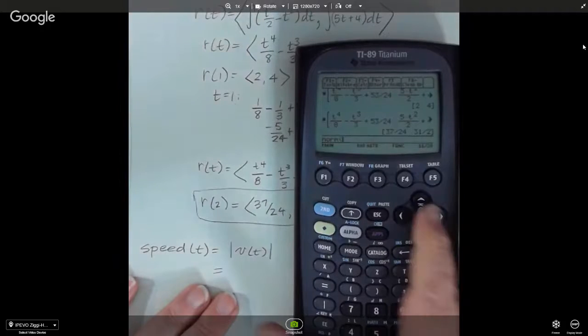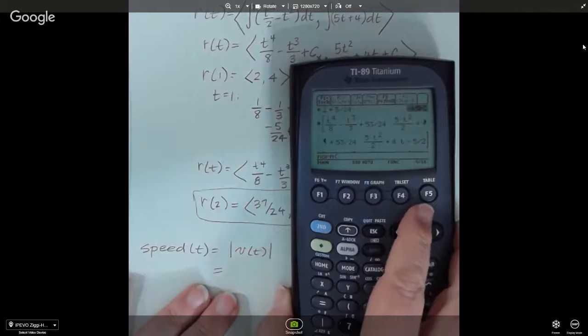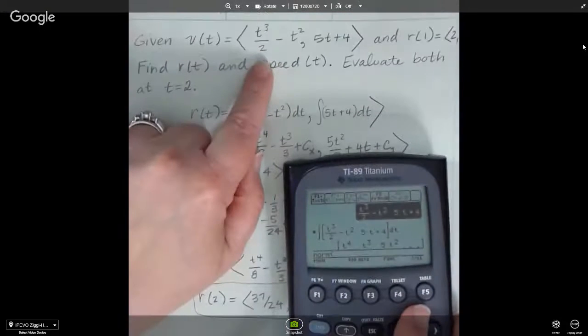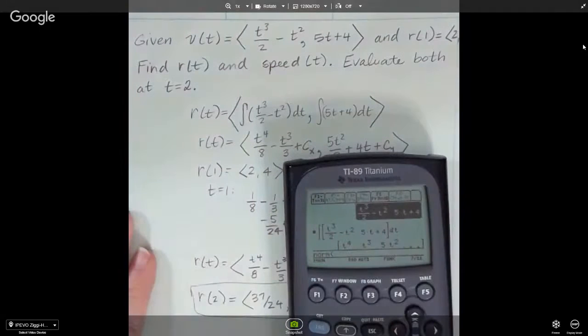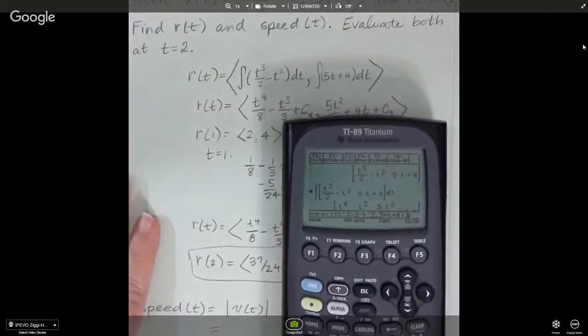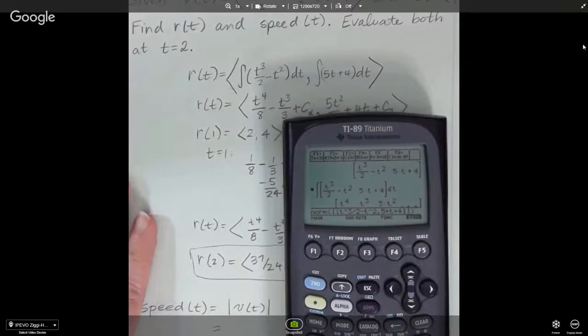Now I want to go back up on my calculator here and find the velocity vector that I inputted. And there it is. That's the original velocity vector if we go back to the beginning. Everybody see that? And I want the norm of that vector, so I'm going to press enter and close the parentheses for the norm command and press enter.